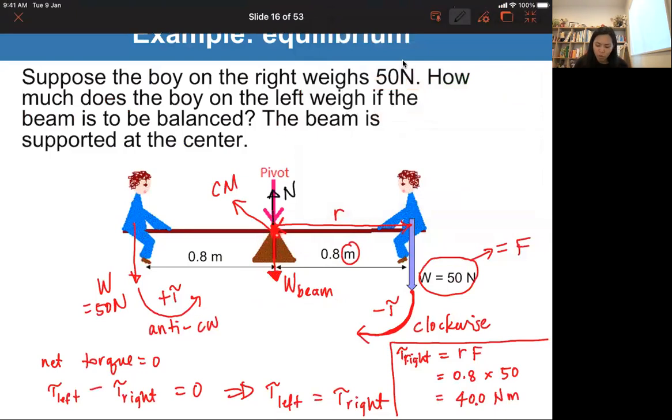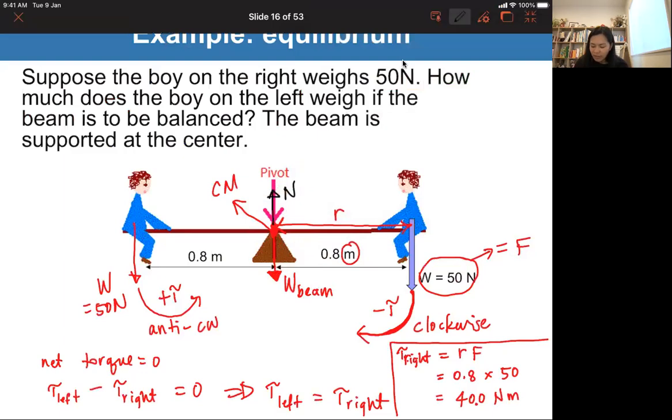So you have this weight force downwards and this normal force upwards. But both of these forces are at the pivot point, and therefore you can disregard these forces when you're calculating the net torque, because they're exactly at the pivot point. I hope that makes sense.